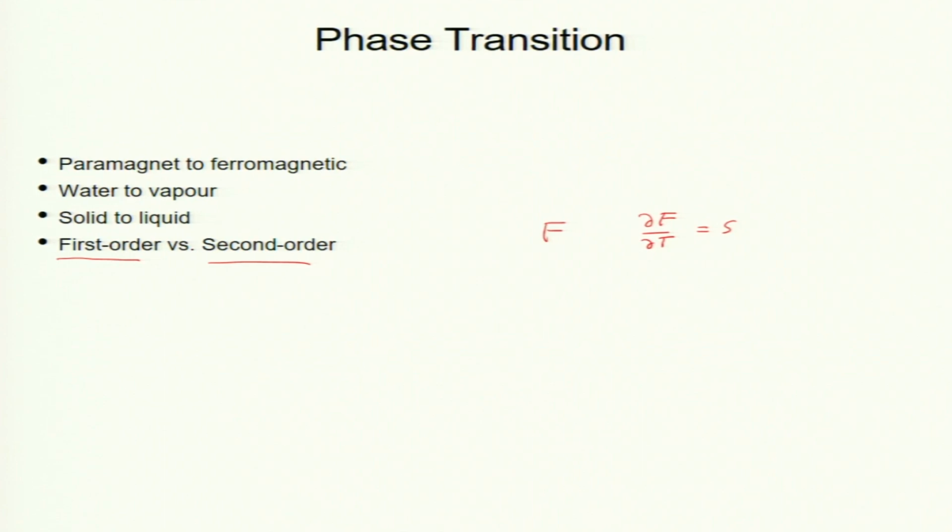So, if entropy is discontinuous, then we say it is first order. You will find that for solid to liquid, their density is different. So, that is a first order transition.